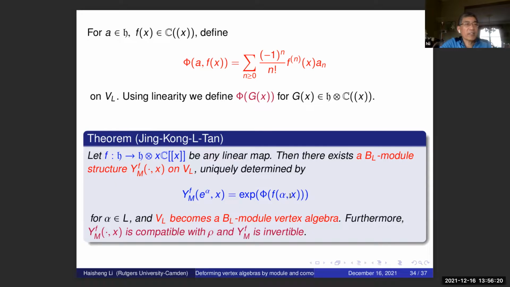If you think of it as a pseudo derivation, the exponential is like a pseudo endomorphism or pseudo automorphism. Then furthermore, BL becomes the BL module vertex algebra. So you have a family of BL module structures parameterized by this function F.